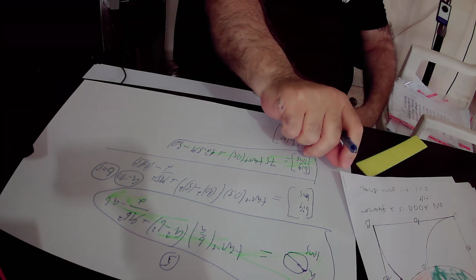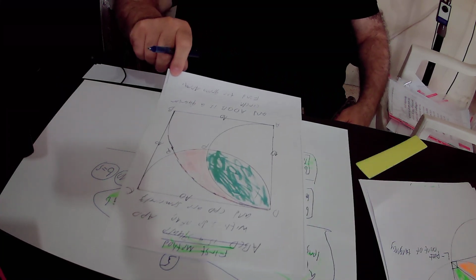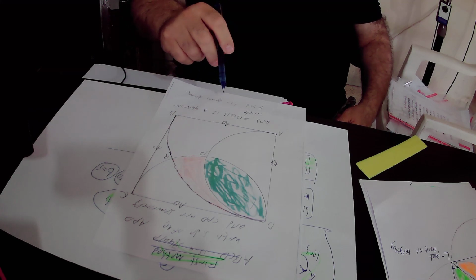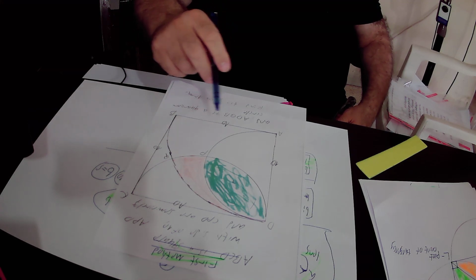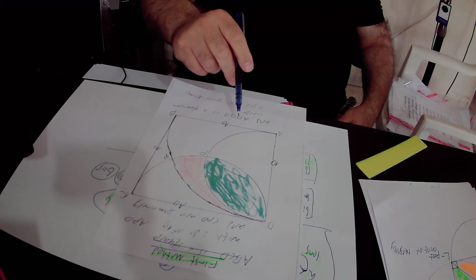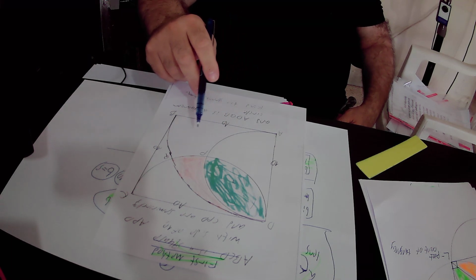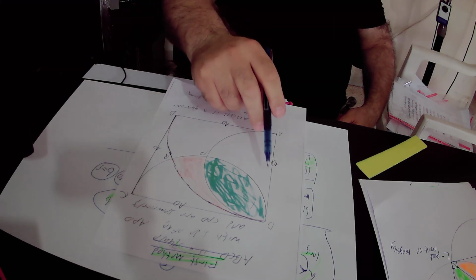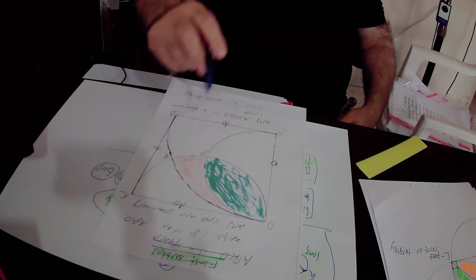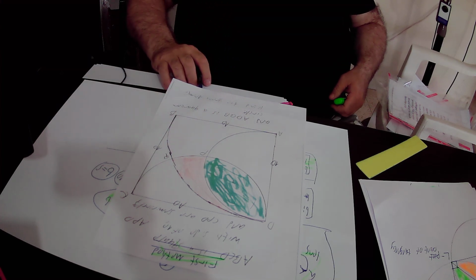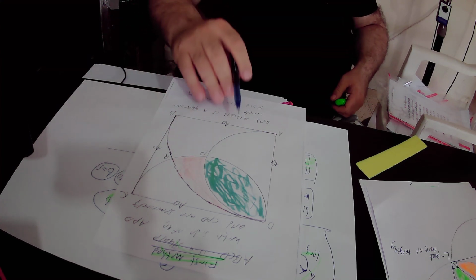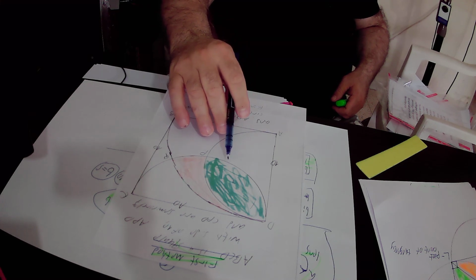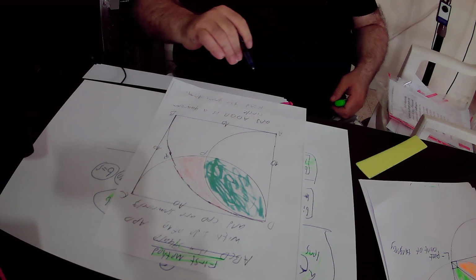First of all, we have to find out here how the blue lens was created. This blue lens was created by the intersection of those two semicircles with each other. The common area is the blue lens that we are looking for.